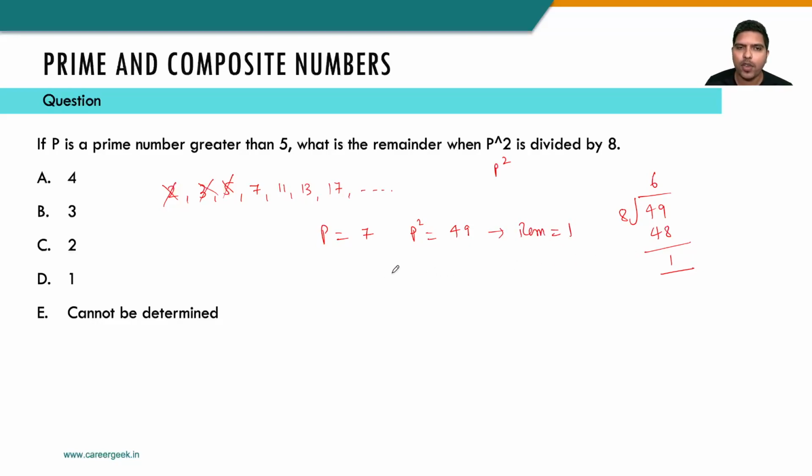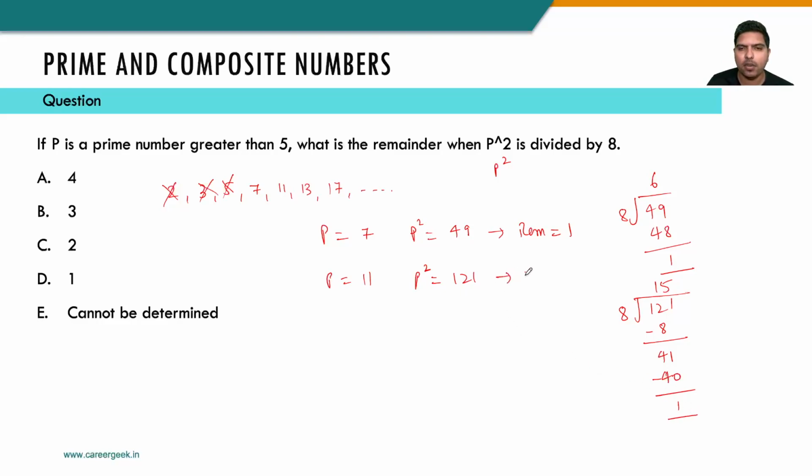Okay, just to confirm, we'll check for one more value. Let's say I take the prime number as 11. p square is 11 square, which is 121. Now if I divide 121 by 8, 8 ones are 8, I have 4 and 1 comes here, so 8 fives are 40, right?